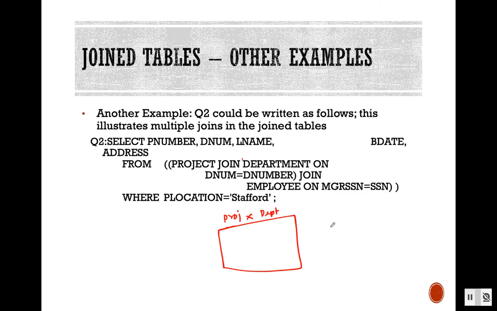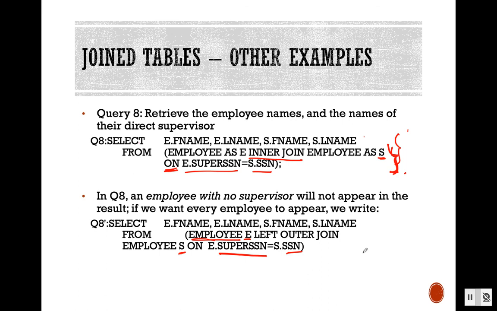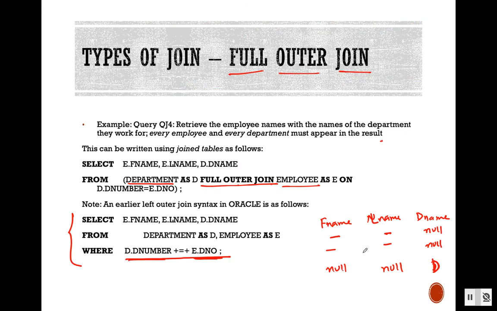Based on this join condition, we can also create another join with employee, based on the condition manager SSN equals to SSN. It is like a temporary joined relation, and with that temporary joined relation we can implement another join operation. So these are the examples of all types of join.